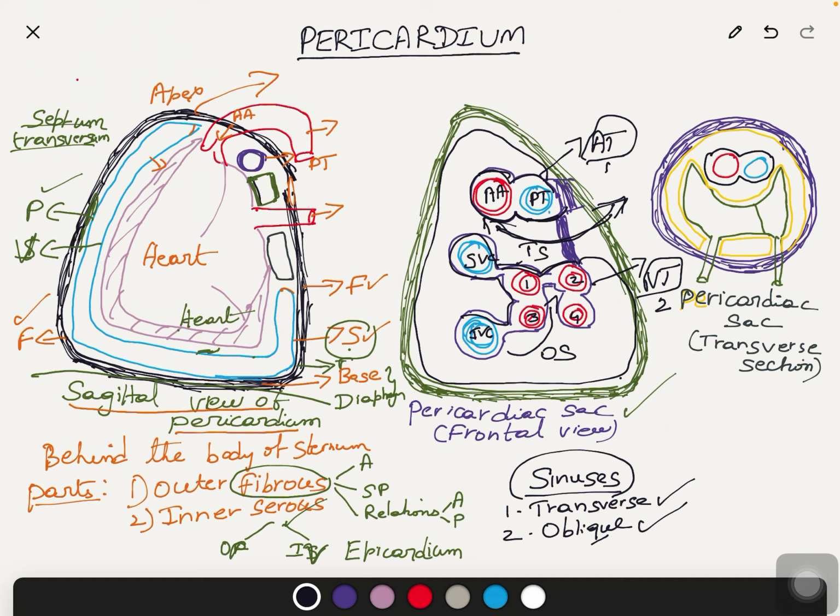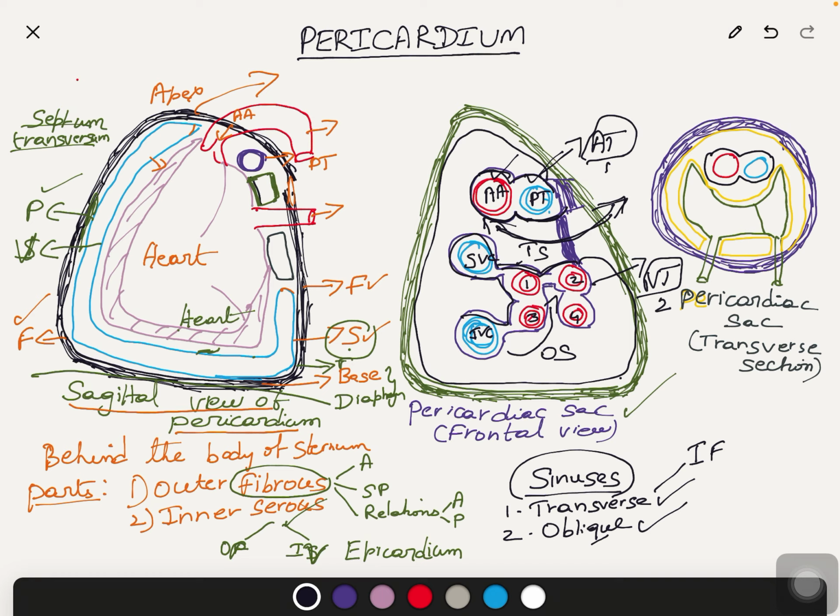Now we will see the boundaries of the transverse sinus. In front, in this diagram, the ascending aorta and pulmonary trunk are enclosed in a single tube of serous pericardium, because both develop from the truncus arteriosus if you learn the development of the heart.